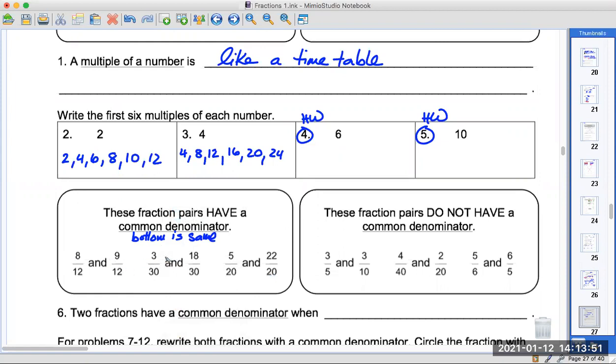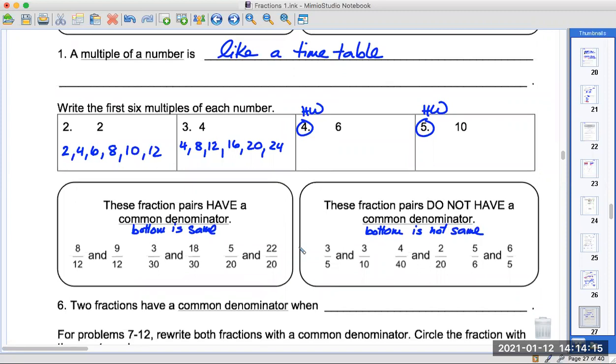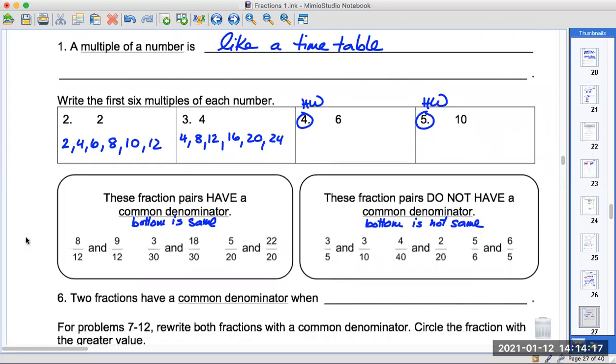The top number does not matter. It's the bottom, okay? These fractions do not have a common denominator. See how they're different? 5 and 10, 40 and 20, 6 and 5, yeah? The bottom is not the same. Okay, so it's all about the bottom number.